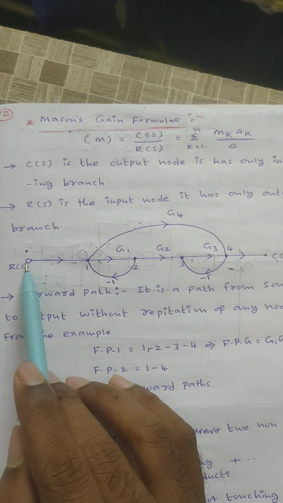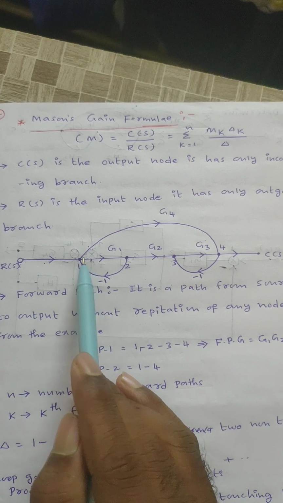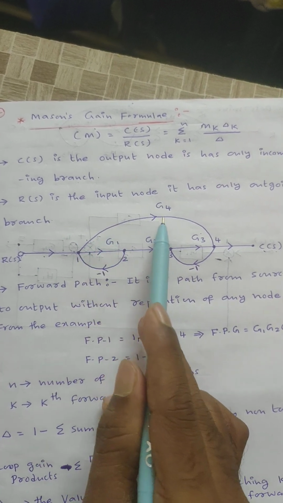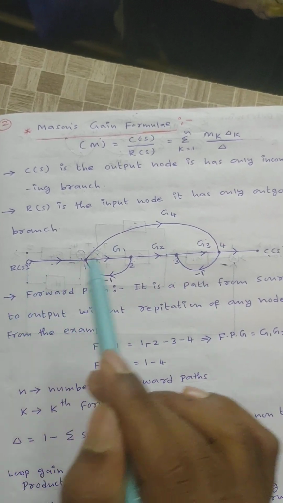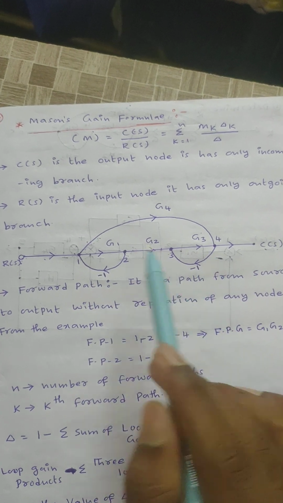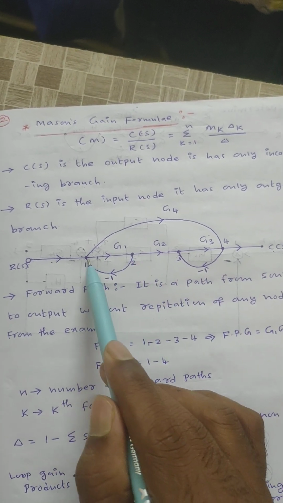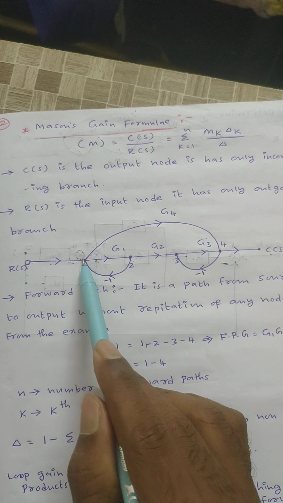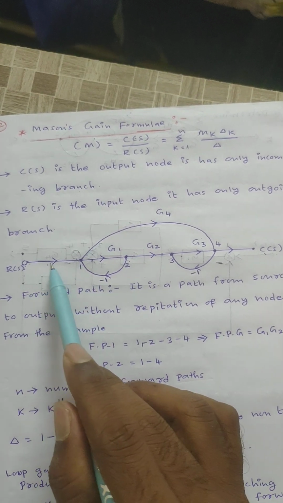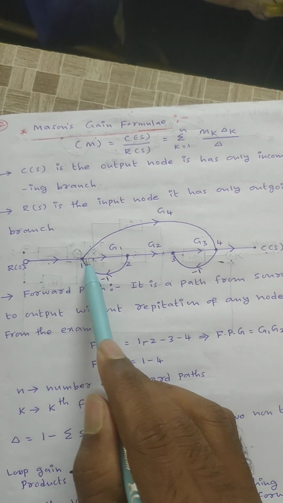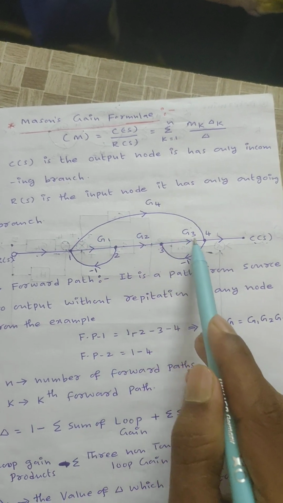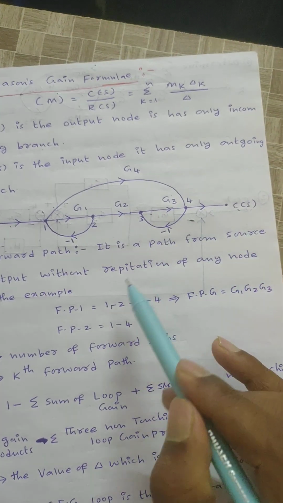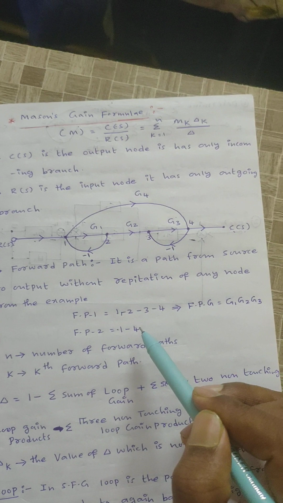Next, another forward path is from R of S to node 1. A forward path follows the straight direction, not the opposite. Suppose you consider this one, the node is repeated once again, right? So the forward path goes in only one direction, from R of S to node 1 to node 4 to C of S, that means 1 to 4 only.